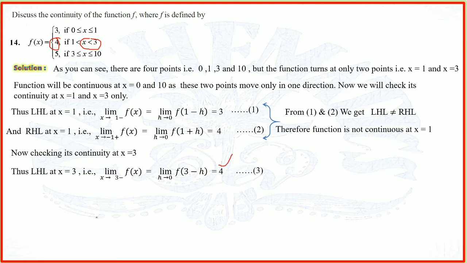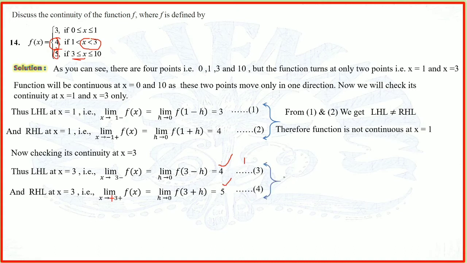This is equation number 3. Now for the right hand limit at x is equal to 3, the limit as x tends to 3 plus of f of x is equal to the limit as h tends to 0 of f of 3 plus h. Now when x is greater than 3, the function's value is 5, so we have put here 5, equation number 4.